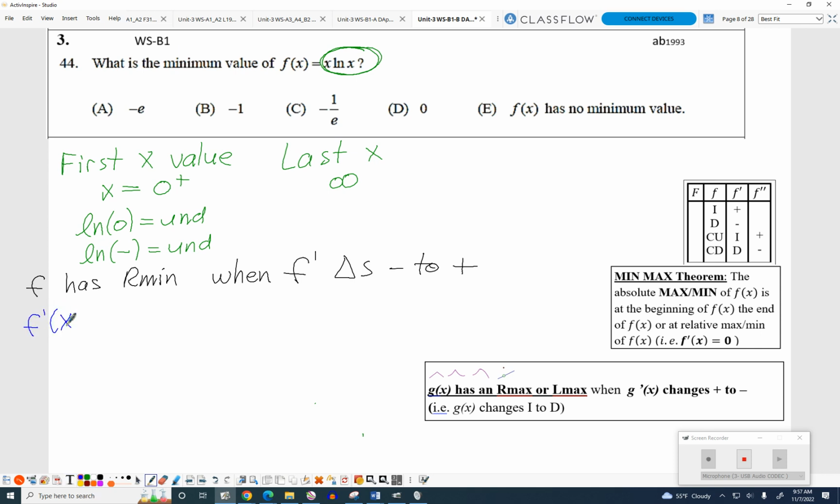Let's move quickly here. So we'll go to Sabrina. What would you have me write next? Oh, so we've got that. We know that. We're just trying to find the equation for f prime now so we can figure out when f prime changes negative. The derivative of x natural log of x.